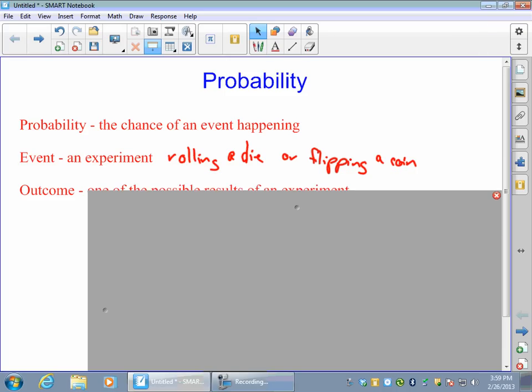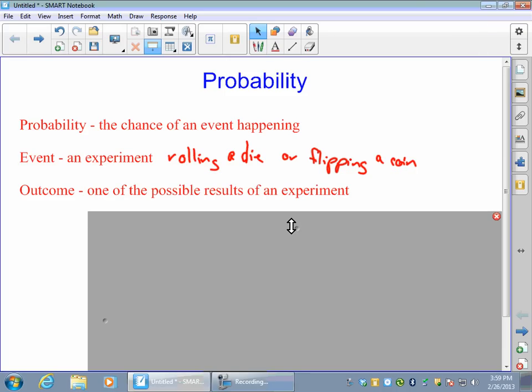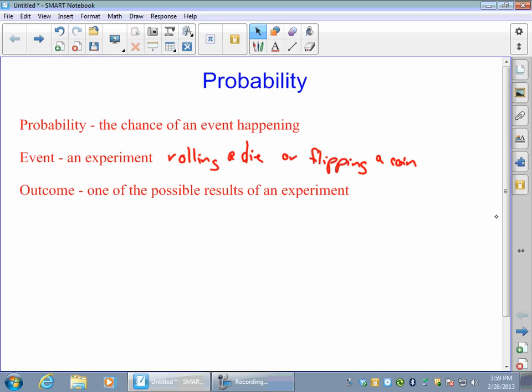So the outcomes, one outcome is one of the possible results of an event, of an experiment. All of the outcomes, obviously, it's all the possibilities. So when I'm rolling a die, the possible outcomes are 1, 2, 3, 4, 5, or 6.